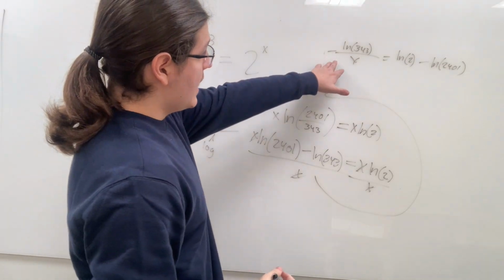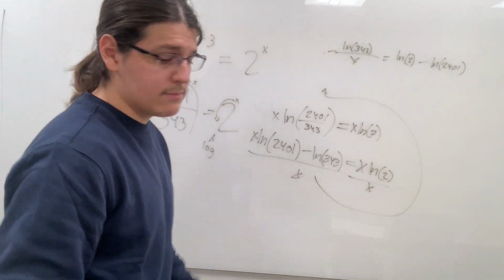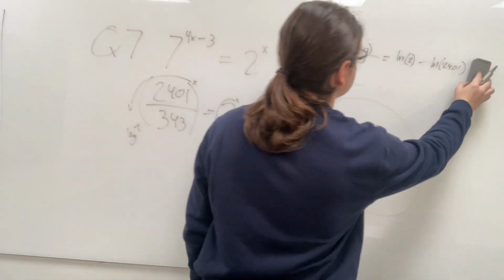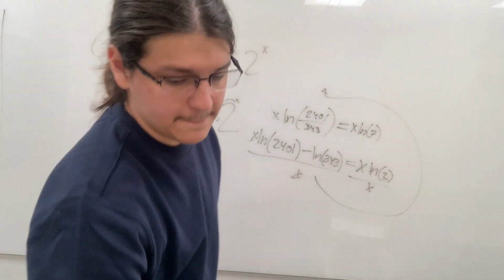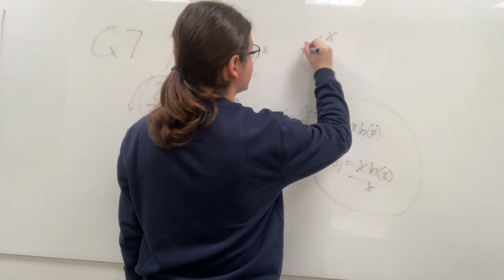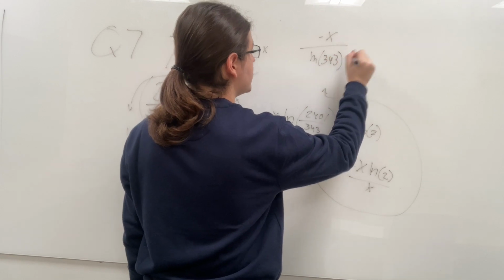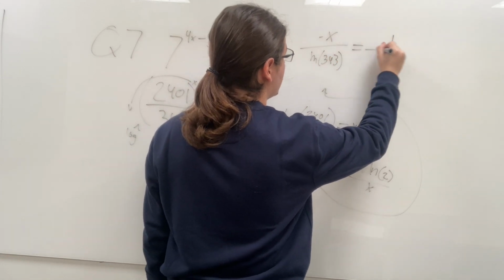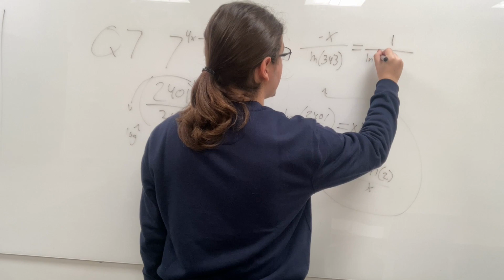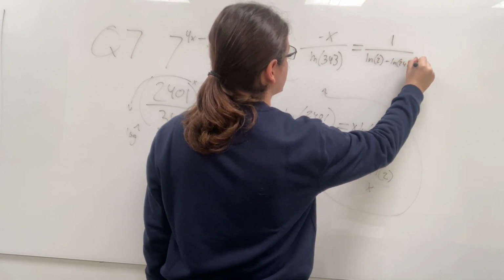So I like our x in the top. So what I'm going to do, I'm just going to reciprocate. I'm just going to rewrite this reciprocated, which is just negative x over ln 343 equals 1 over natural log of 2 minus natural log of 2,401.